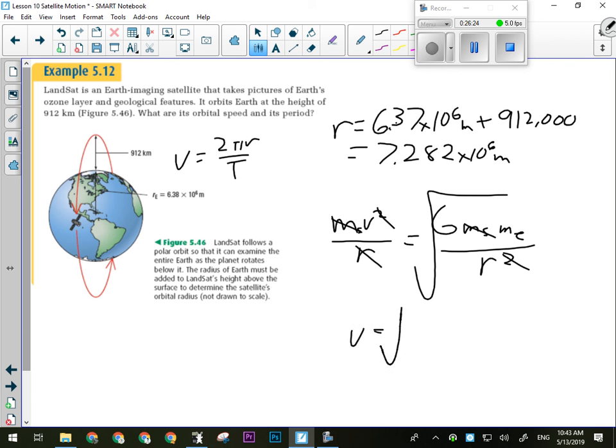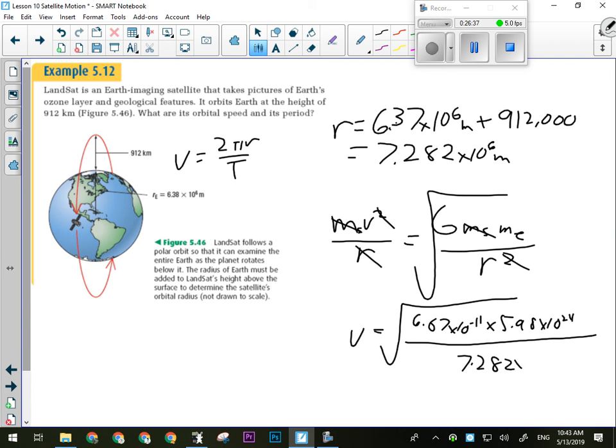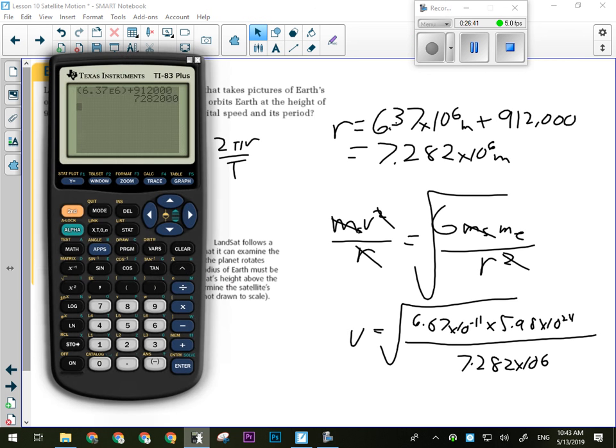So v equals the square root of 6.67 times 10 to the minus 11 times the mass of the Earth, 5.98 times 10 to the 24, divided by 7.282 times 10 to the 6.